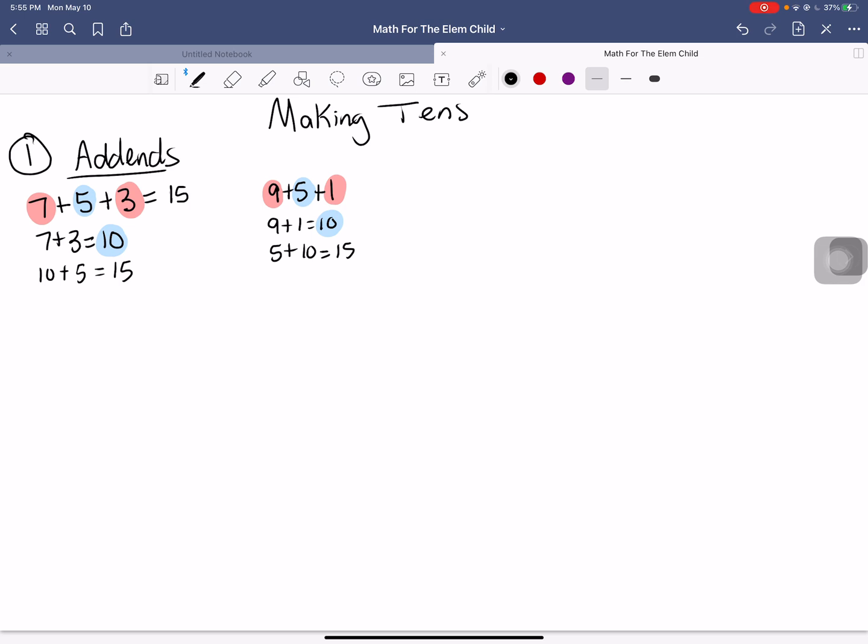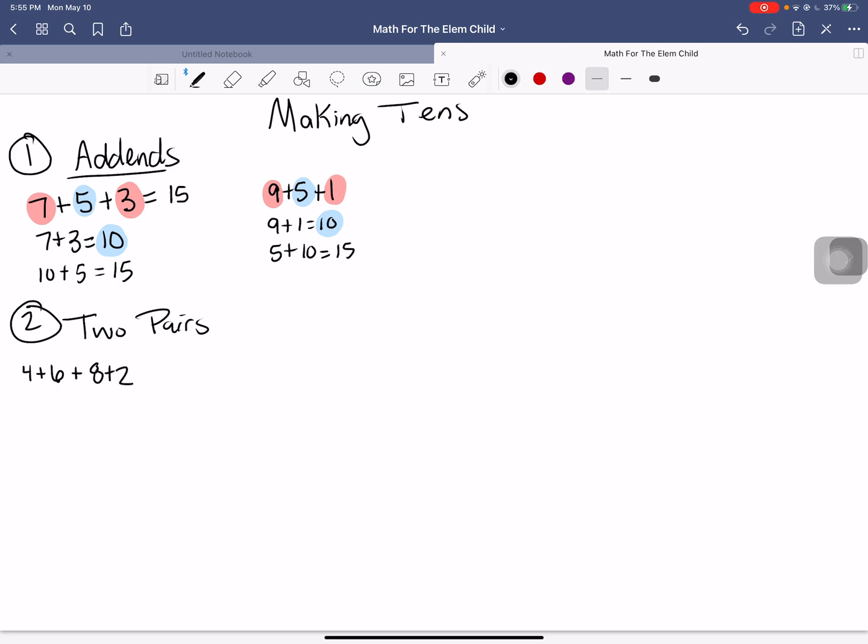For another strategy, we can use making tens using 2 pairs. So we have 4 plus 6 plus 8 plus 2.